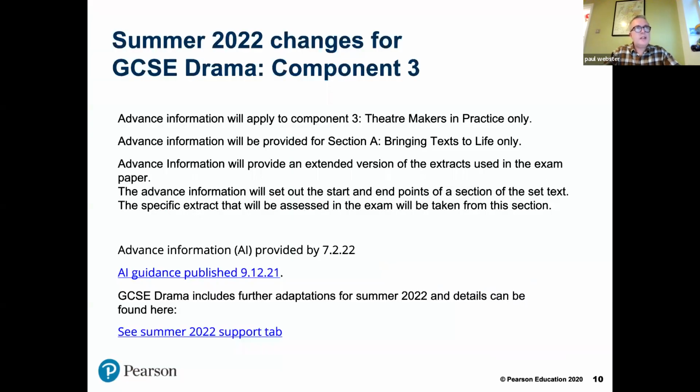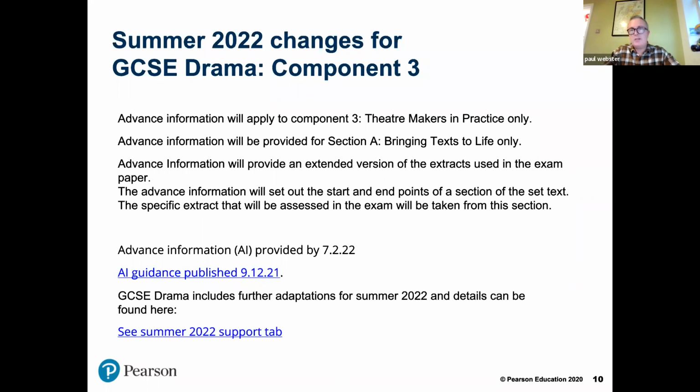So let's have a look now at the changes for component 3. Hopefully you are already aware of this, but there will be some advanced information released around component 3, Theatre Makers in Practice. This is for GCSE first. The advanced information will be for section A, bringing text to life, so for the set text. We will be providing information about those.